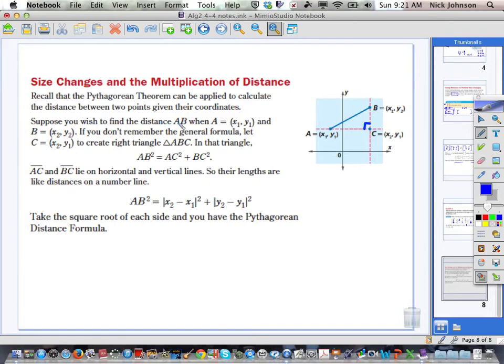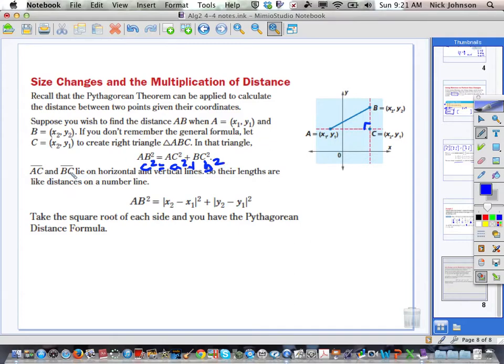Suppose you wish to find the distance AB when A equals x1, comma y1, and B equals x2, comma y2. If you don't remember the general formula, we said c squared equals a squared plus b squared. Please don't forget that. That comes in very handy a long, long ways down the road.